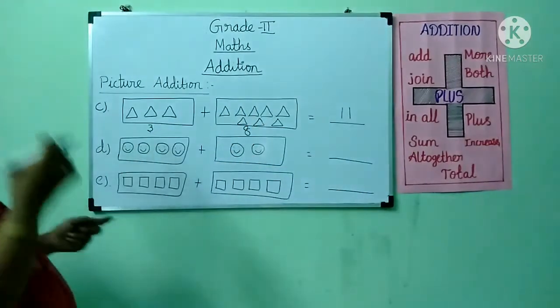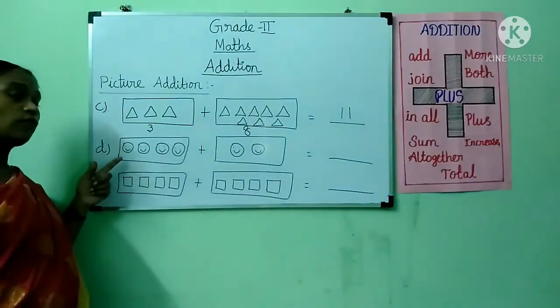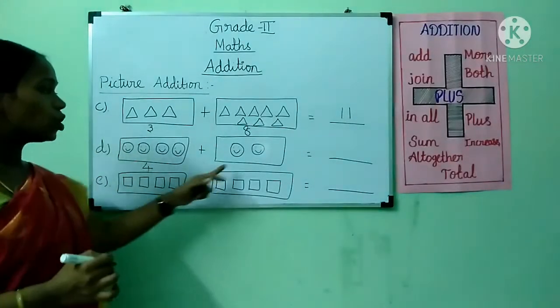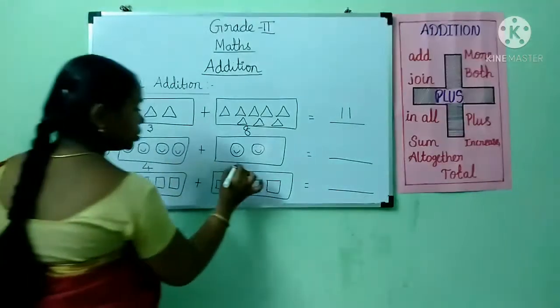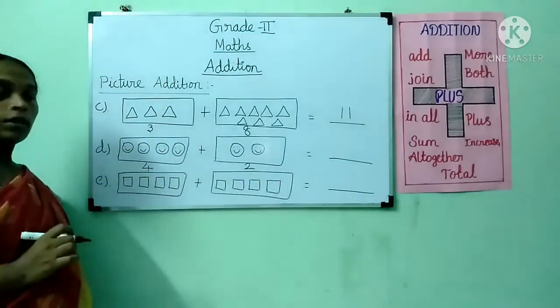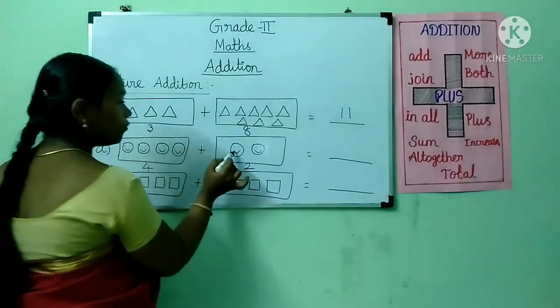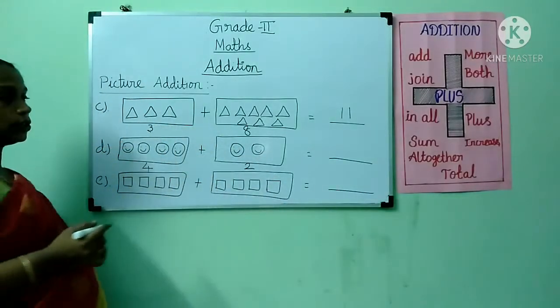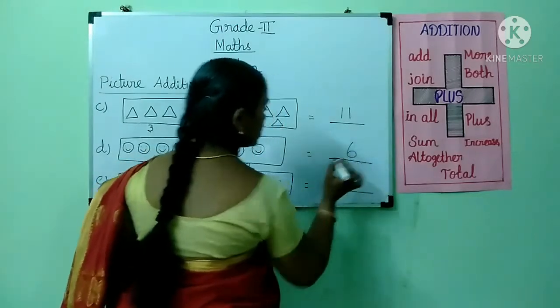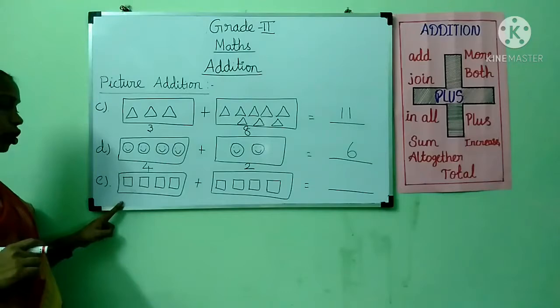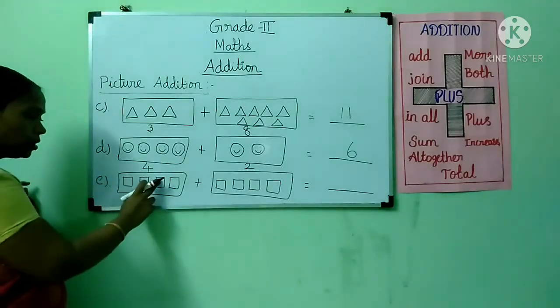Okay. The next one. How many smileys in the first box? Yes, 4. Next box has 2. So 4 plus 2. Count and say 1, 2, 3, 4, 5, 6. Very good. So write here 6. Okay, the next one. How many squares in the first box? 1, 2, 3, 4.